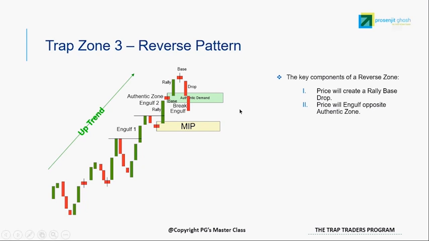So once price engulfs this authentic zone, the above rally base drop structure tells us that there is a lot of supply and less demand at the rally base drop area, and there if price comes back we should be shorting. So this rally base drop is known as our reverse zone.